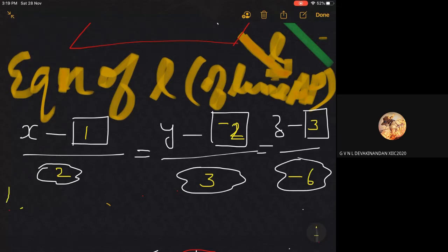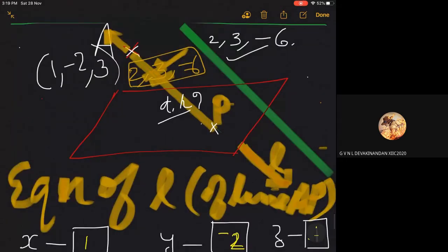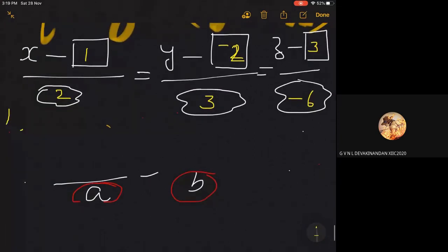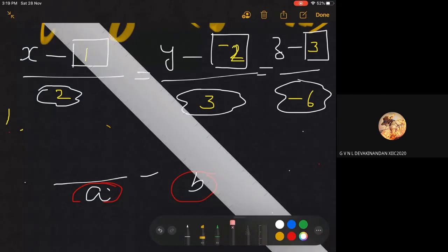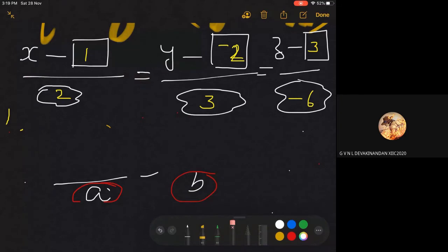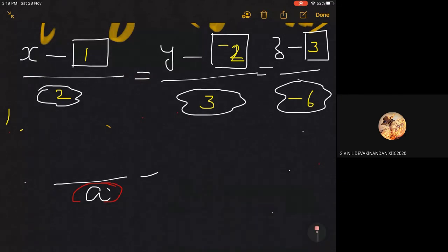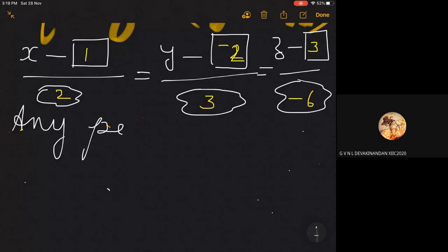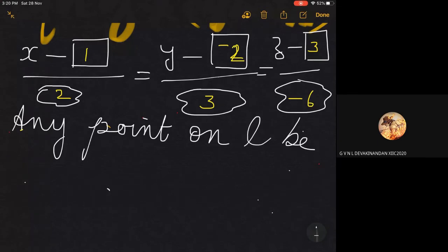Now when you get the equation of the line, you start with any point on the line L. We will consider this point as P. So please write any point on the line, as we have done before.